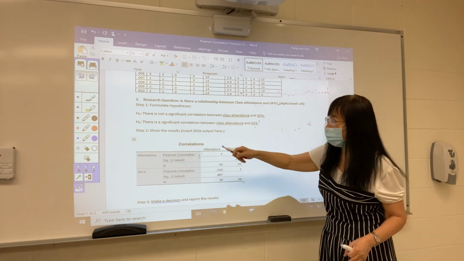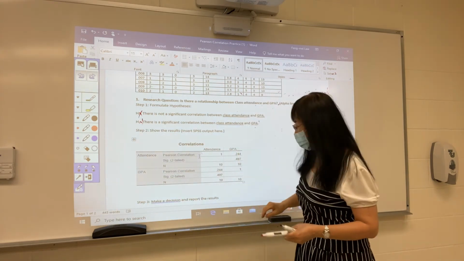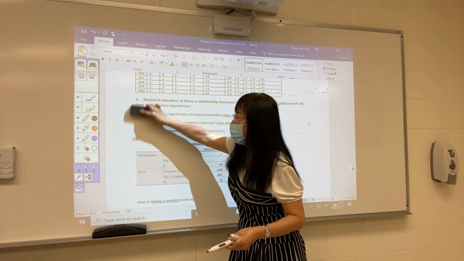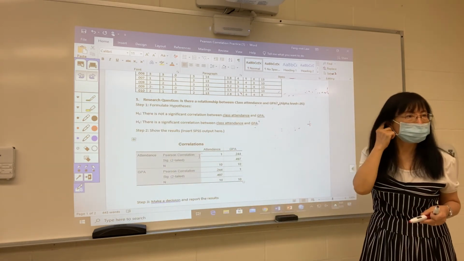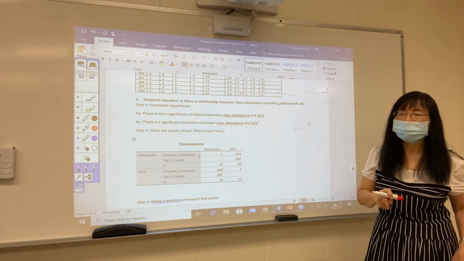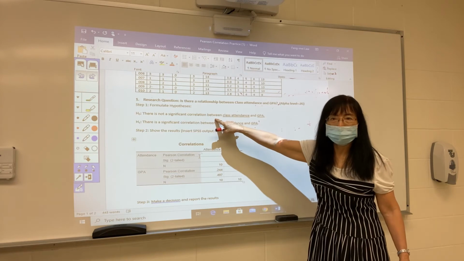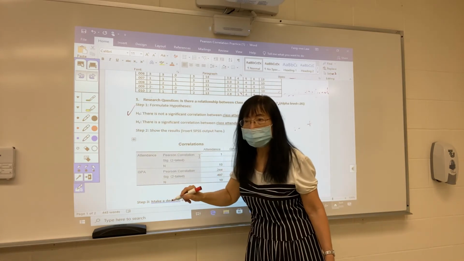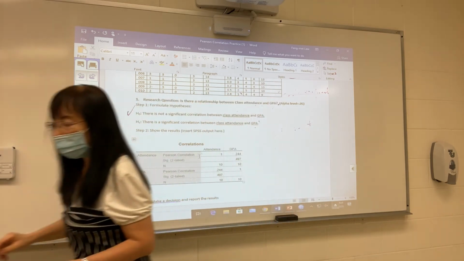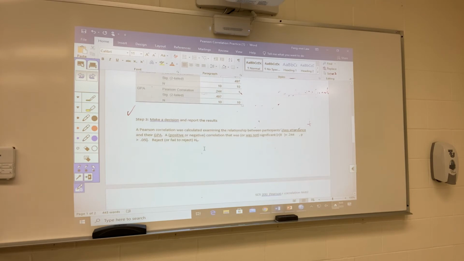So are we rejecting this one, or this one? Which one do we not agree with? Do we agree this is not significant? We agree with this one, right? So look at the example I gave you for the result: reject or fail to reject H0.